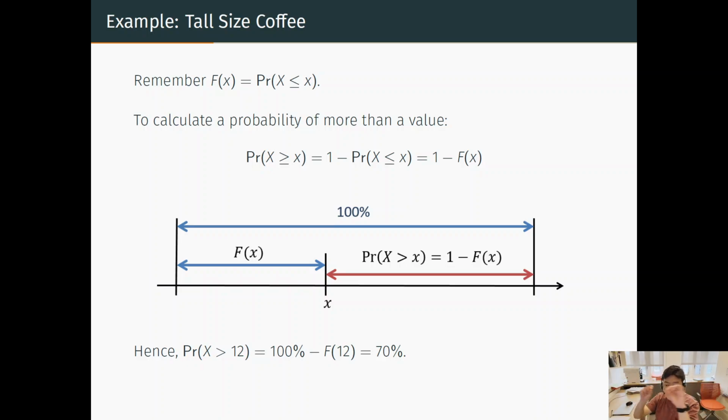We know the total length is 100%, and we know this much, then automatically you can tell the other probability. That is 70%. So even though the cumulative distribution function contains information about smaller than or equal to something, that is sufficient to calculate probability greater than something, by a simple transformation.